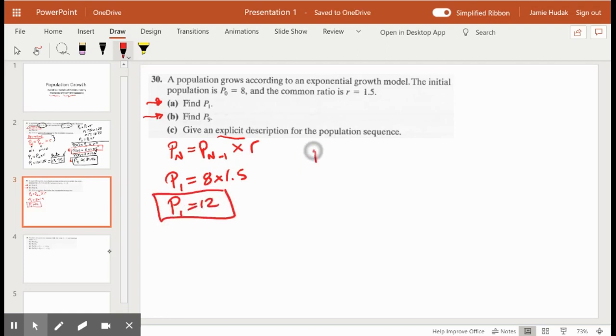Now I will write the explicit model. P as a function of n is equal to 8 times 1.5 raised to the nth power. To find P9, we're going to type into our calculator 8 times 1.5 to the 9th power.